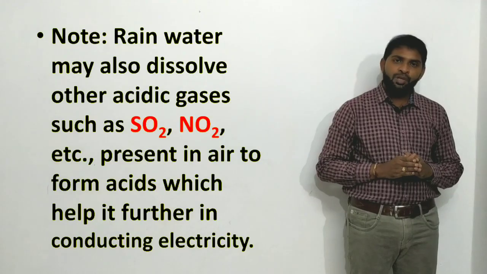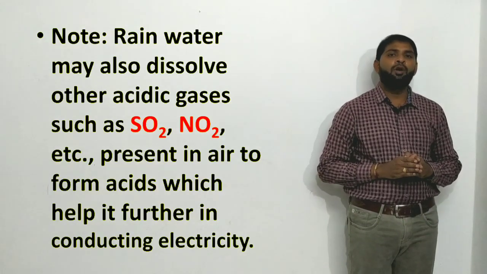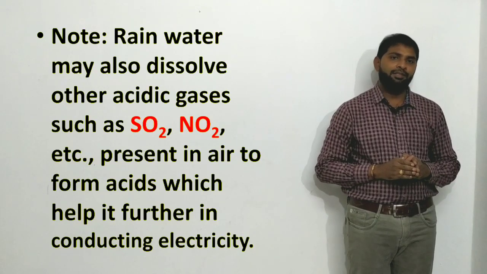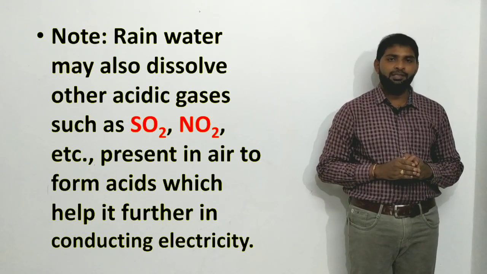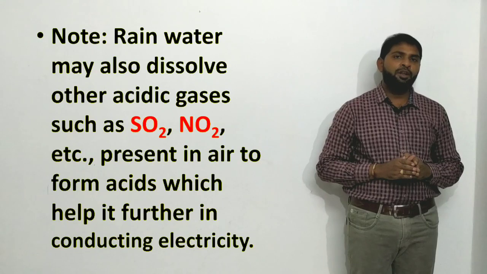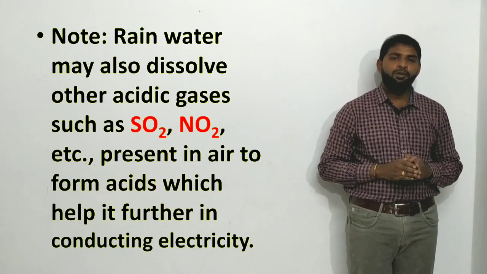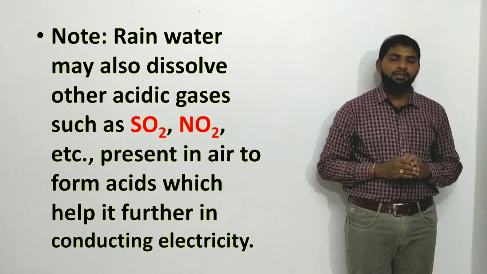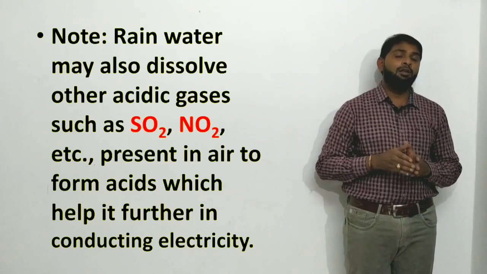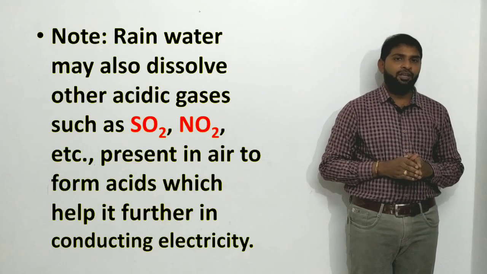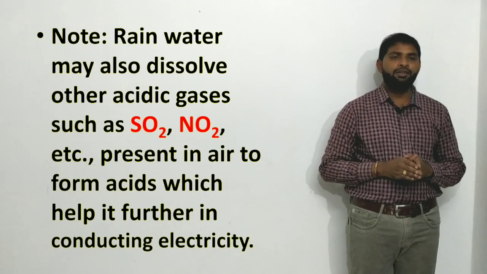Sulfur dioxide can form sulfurous acid or sulfuric acid. Nitrogen dioxide can form nitric acid or some other acids. Not only carbon dioxide, but some other gases can also form acids in acid rain, and they conduct electricity.